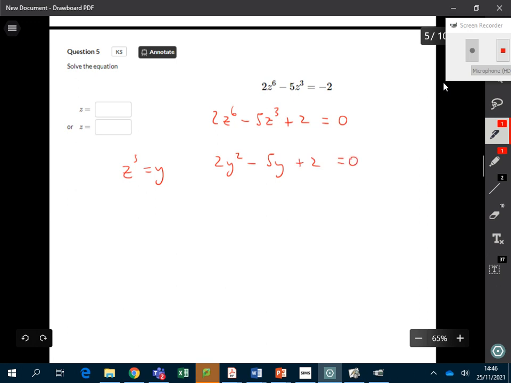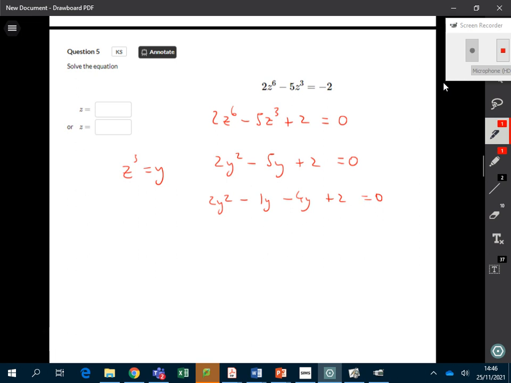And then I can factorise this. So if we do 2 times 2, is 4. Remember this method, I'm looking for factors of 4 that add up to -5. So -1 and -4 should do the trick. So 2y squared minus, I'll write what, -1y minus 4y just for emphasis really, and then plus 2 is equal to 0.